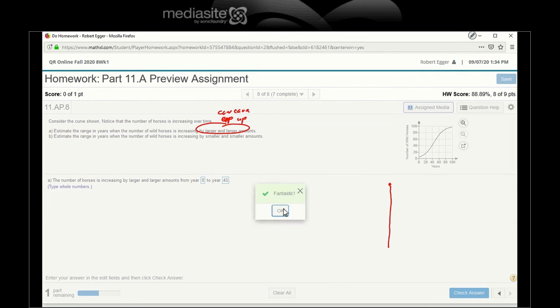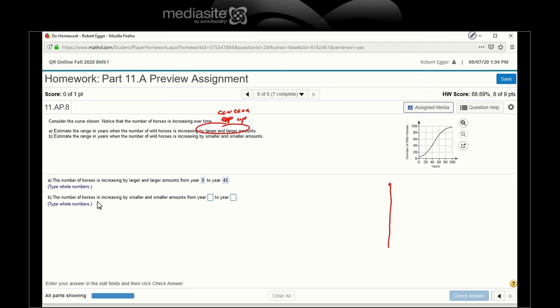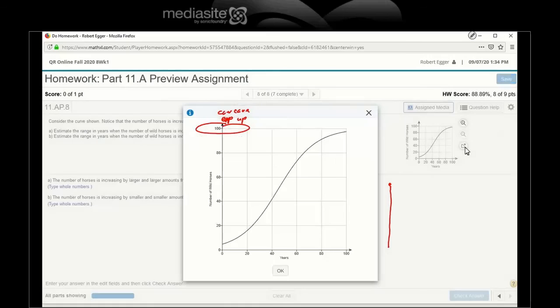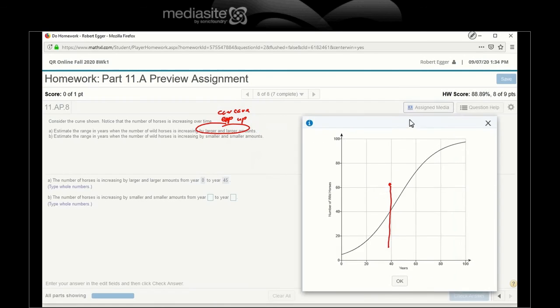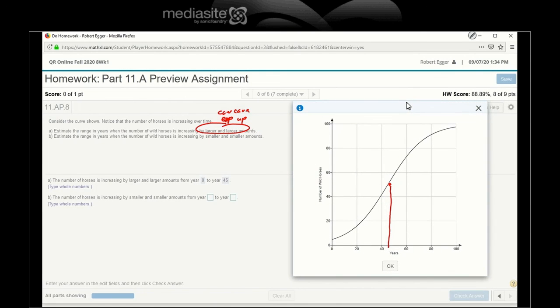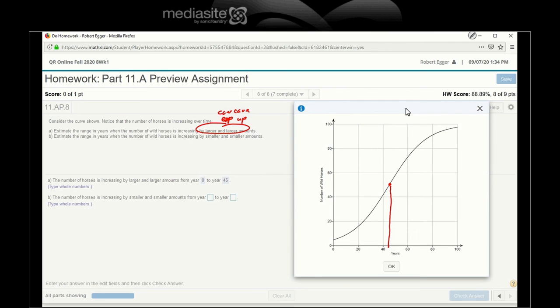Okay, you didn't want that one. And increasing by smaller and smaller amounts. Well, that would be just the other one. So this is getting steeper, then past that, it's getting less steep.